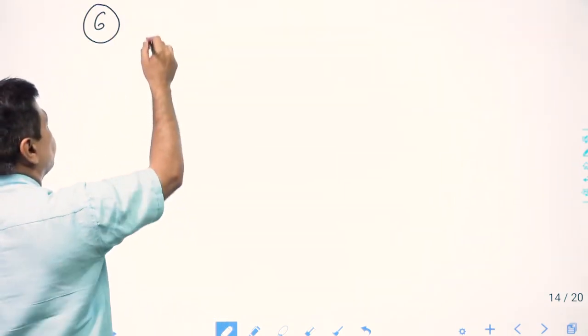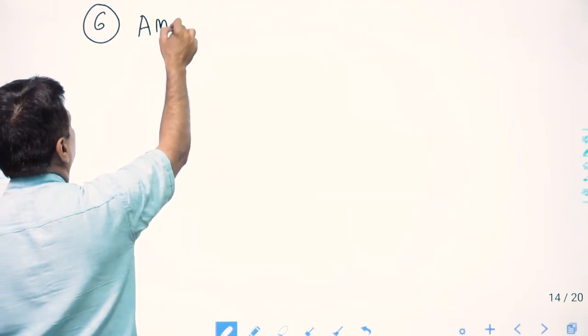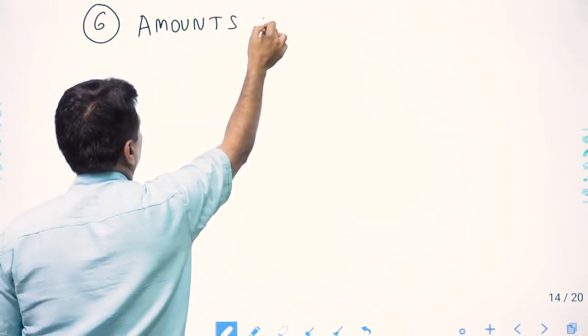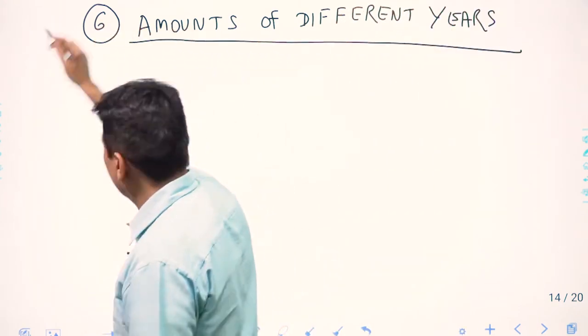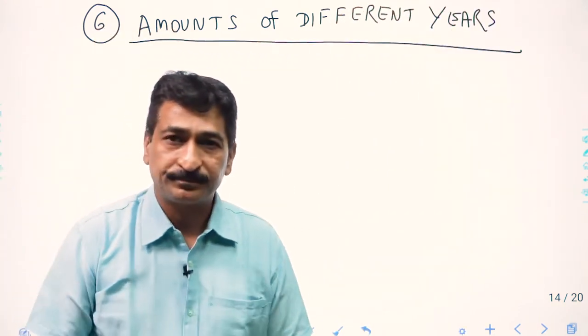Sixth type is amounts of different years given. Amounts of different time periods will be given to you. How?